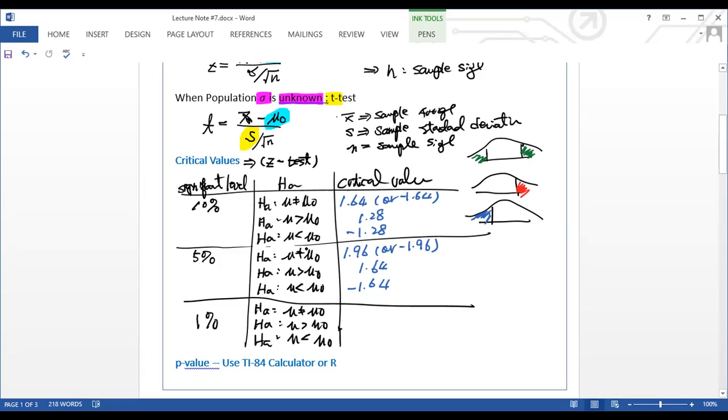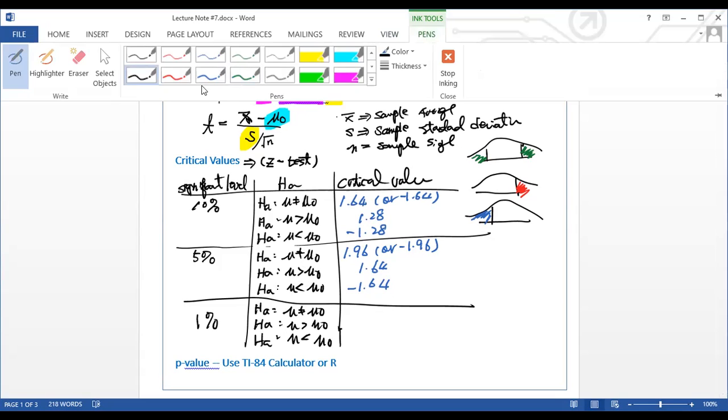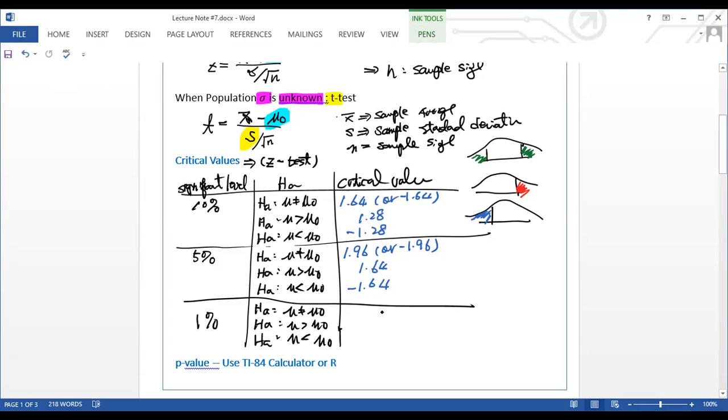So now you can find the critical values here. This one will be 2.58, or negative 2.58, and this is 2.33, and this is negative 2.33, right? Because they are all symmetric, okay?